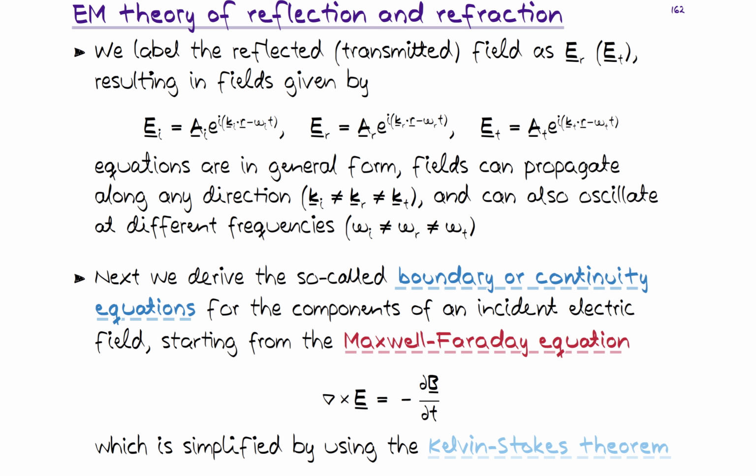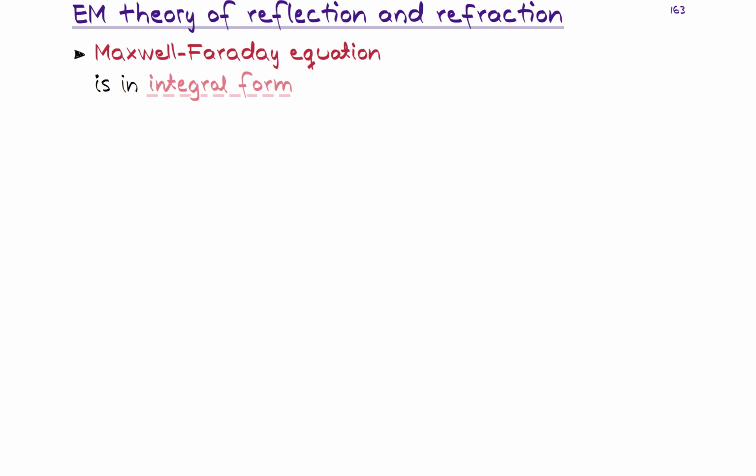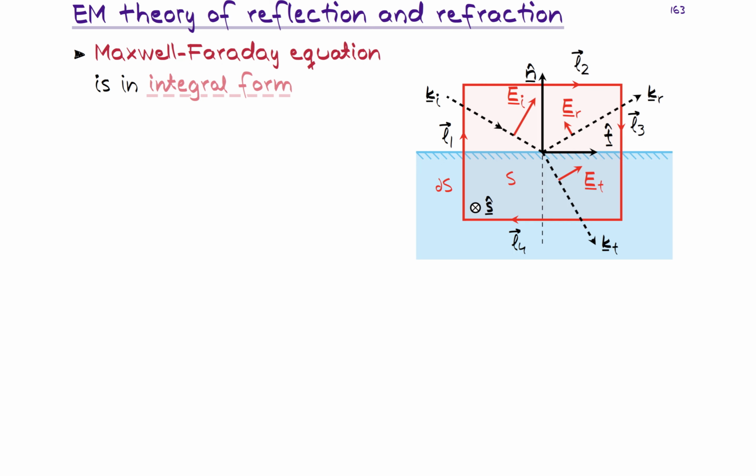And of course, the Kelvin-Stokes theorem says to us that when we look at the Maxwell-Faraday equation in an integral form, essentially we're not using the differential form anymore; we're looking at things on a slightly different scope.